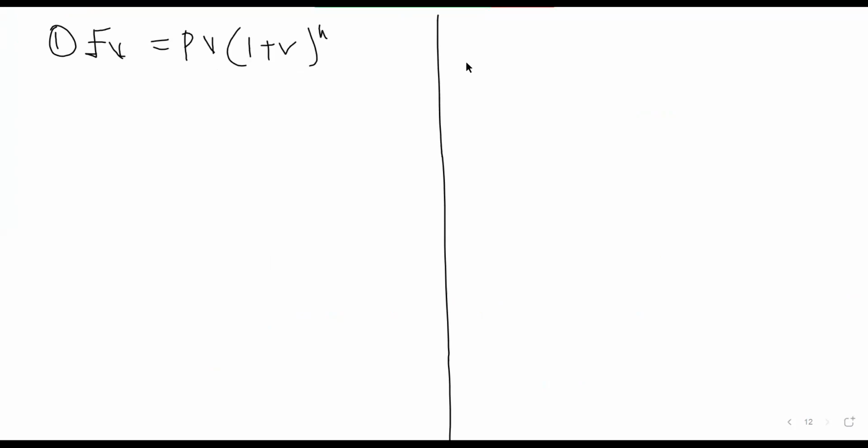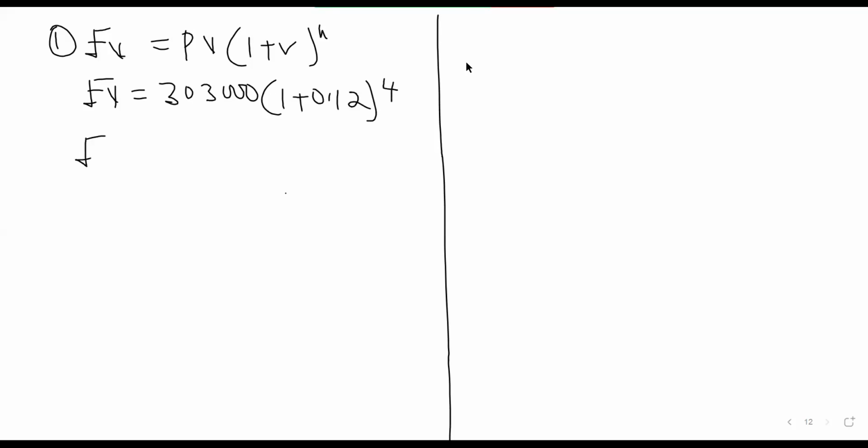So how much will you be paying to the CEO at the end of the 4 years? We take the present value, 303,000, at an interest rate of 0.12, compounded at the end of every year, so we do exponent 4.